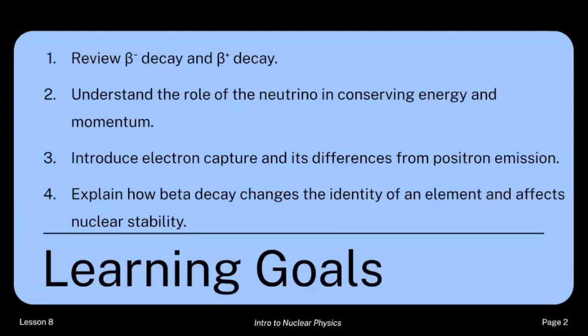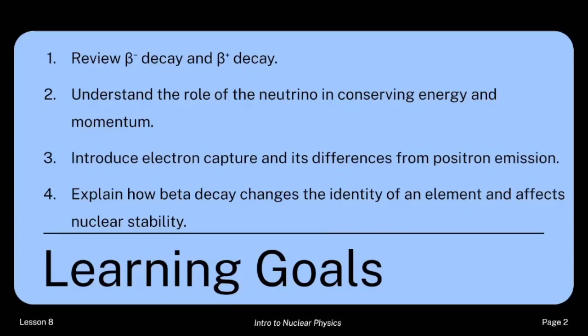So just to review our learning goals for today, we said we wanted to review beta minus decay and beta plus decay. And after that, we got into neutrinos and we wanted to understand the role of the neutrino in conserving energy and momentum. So we did that and we talked a little bit about the historical background.